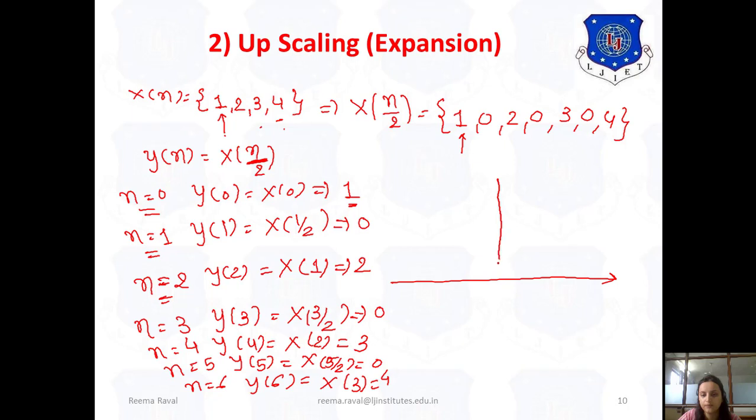It will be like this: x of n by 2 versus n, where at instant 0 its value is 1, at instant 1 its value is 0, at instant 2 its value is 2, at instant 3 its value is 0, at instant 4 its value is 3, at instant 5 its value is 0, and at instant 6 its value is 4.